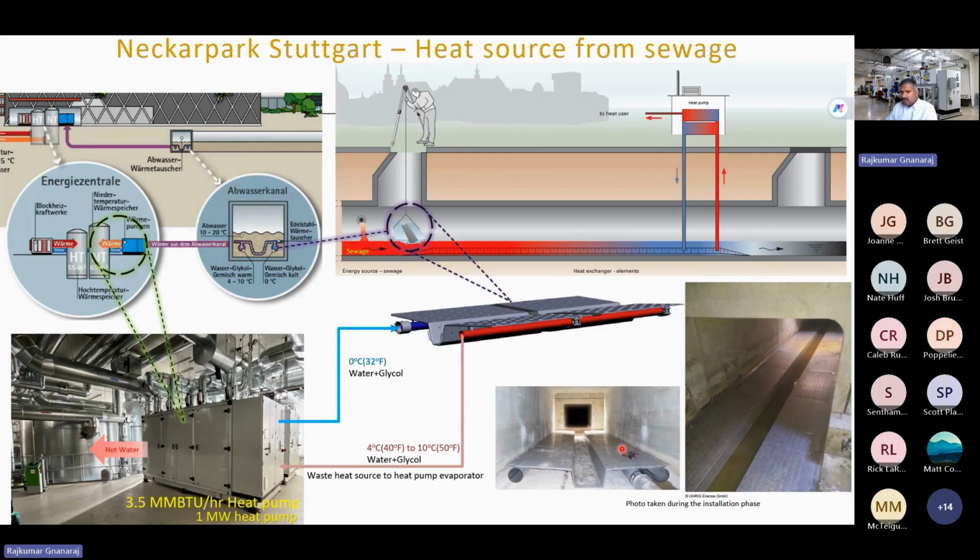So this is another way you can recover the waste heat from sewage water. It's not necessary that this needs to be a new canal. Even if it's an existing canal, the heat exchanger manufacturer can provide a customized design, and you can drop it through the manhole and install that in the sewage canal.